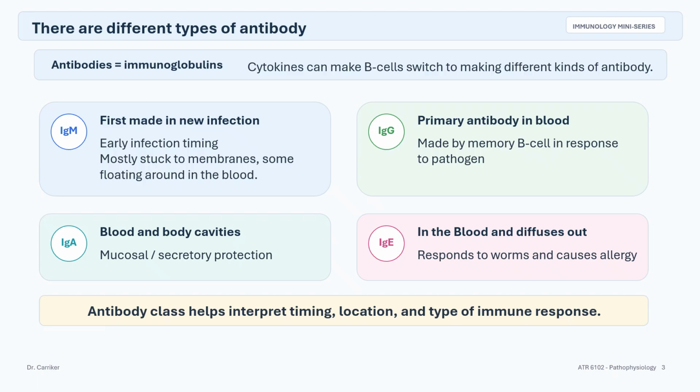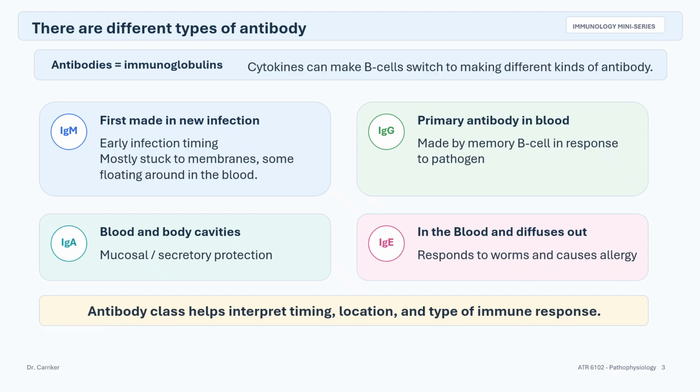IgM, first time infection. IgG, we've had this before. Even 15 years later, you'll still have antibodies to the infection. But again, 15 years later, there's going to be fewer antibodies than there were right after the infection. Of note, IgG is tiny. So when a woman gets pregnant, the IgG passes across the placenta, and this lets the baby borrow the antibody until the baby can make its own.